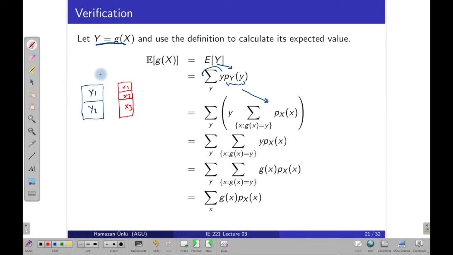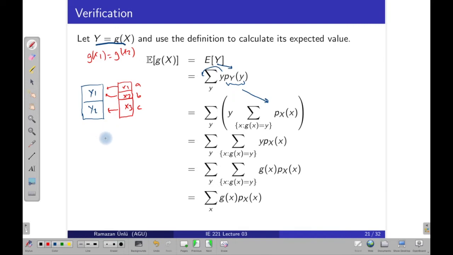Let's say x1 and x2 give the same y value. So g of x1 is equal to g of x2, and x3 gives us y2. And let's say the probability of x1 is a, the probability of x2 is b, and the probability of x3 is c.